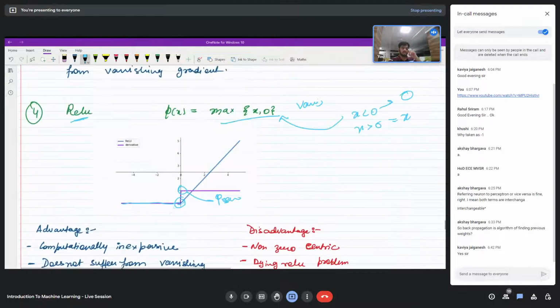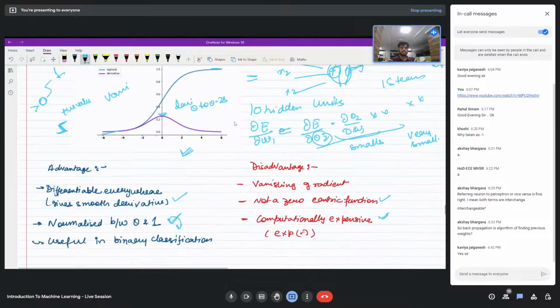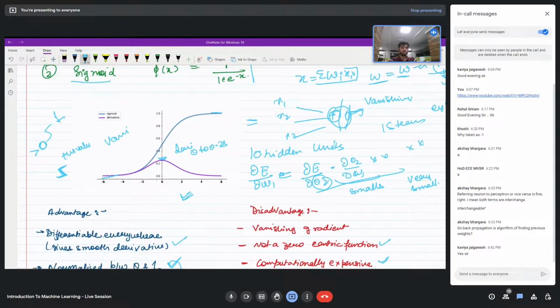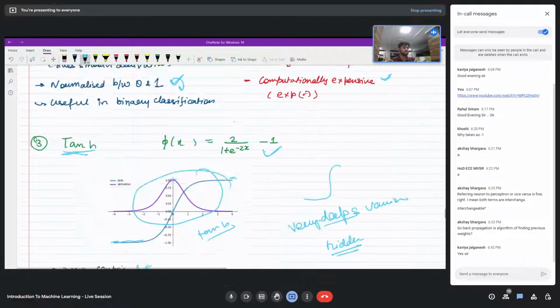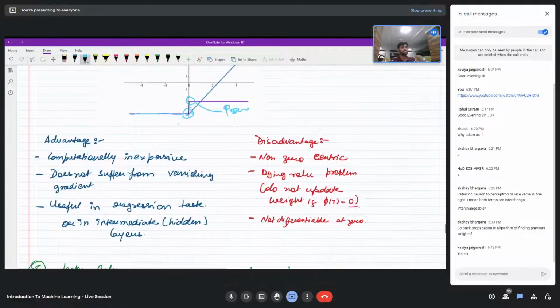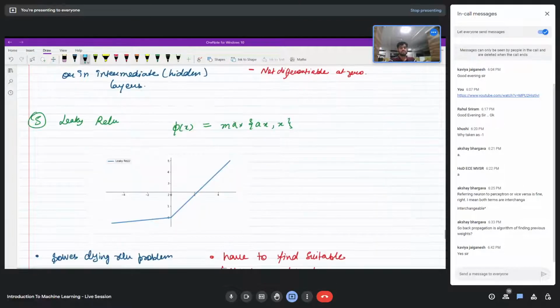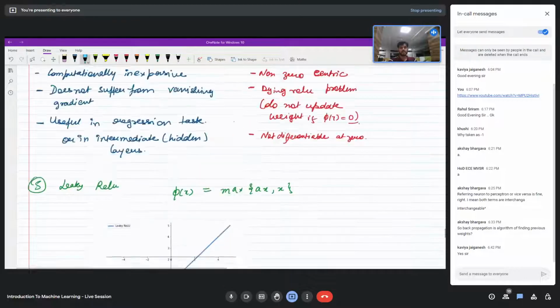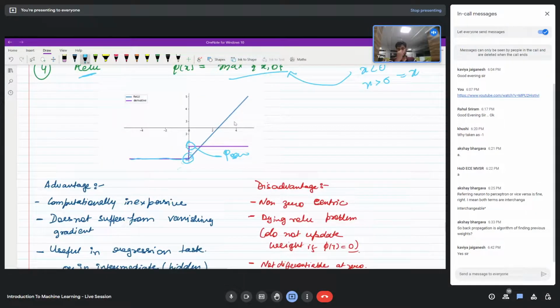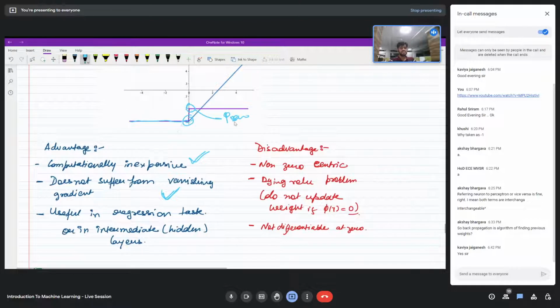Now one more thing, both the sigmoid and tanh had exponentials in them. So calculating an exponential value is computationally expensive also. So ReLU has covered that problem also for us, so that the computation is very inexpensive over here. It does not suffer vanishing gradient. Okay. And it is very useful in regression tasks.